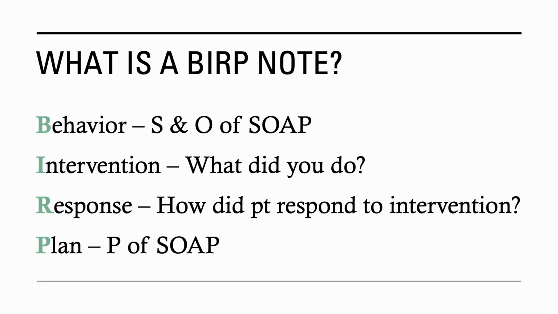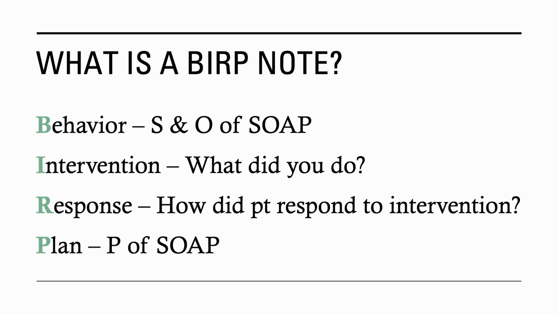So this slide just goes over and continues to go more into depth about what these different things are. So everything I just talked about, the S and O of SOAP is behavior, intervention, response, and plan. It helps us to capture observable behavior, and it also helps us to summarize the client's response, and then it's going to outline the next steps for the participant to engage successfully in an intervention.